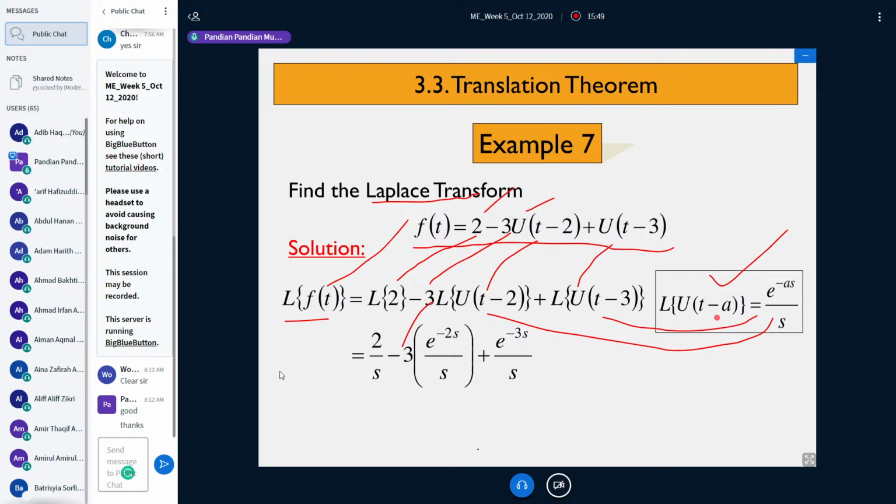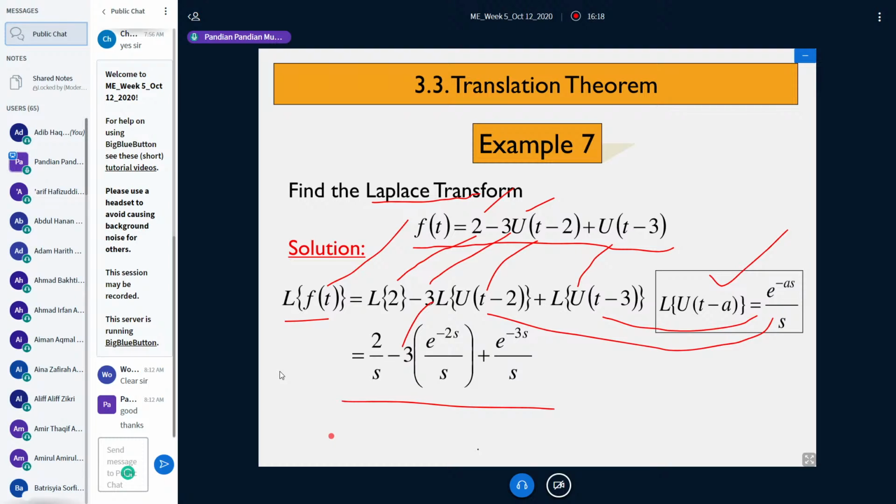Here a is 3, so e power minus 3s over s. Now you simplify this. So actually we are finding Laplace of f(t). Later on we have to find inverse Laplace. So in order to find inverse Laplace, you must know Laplace first. That's why you are studying this. But the table is very important.